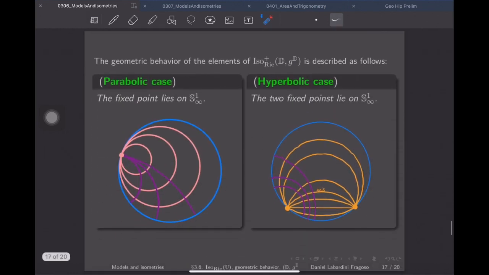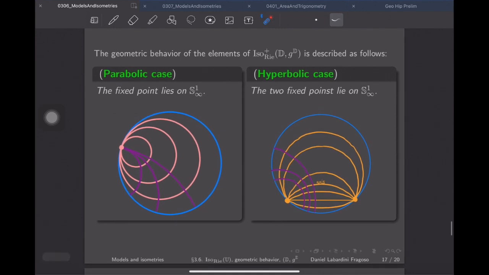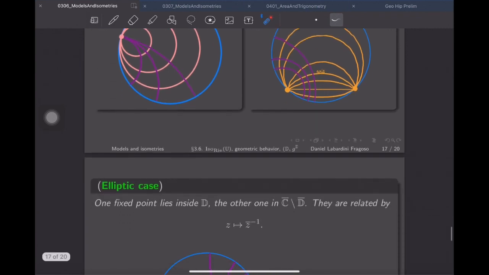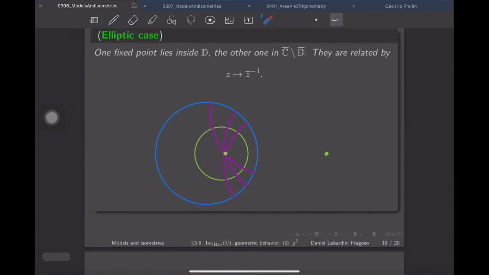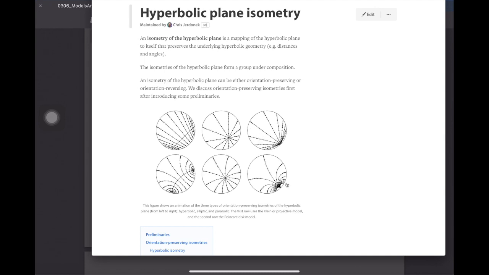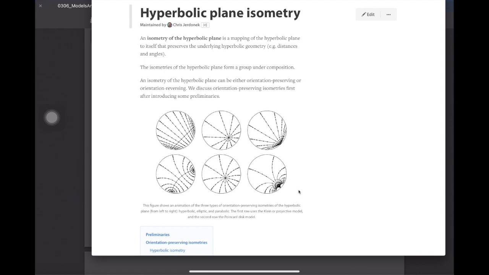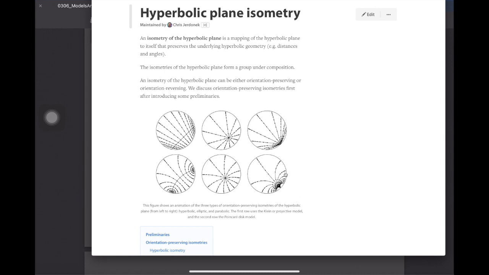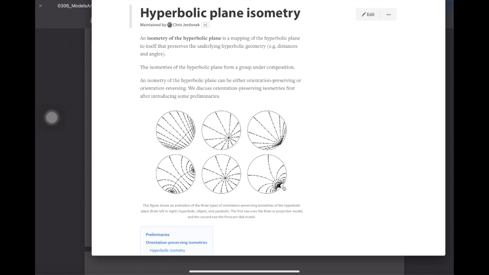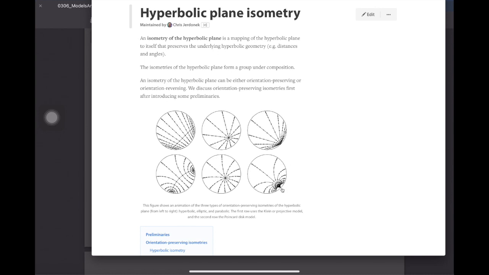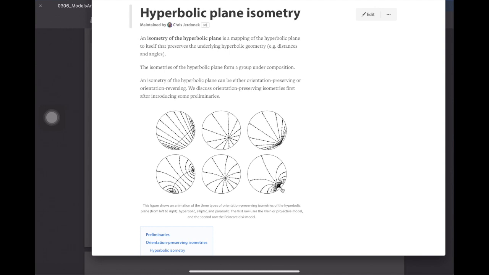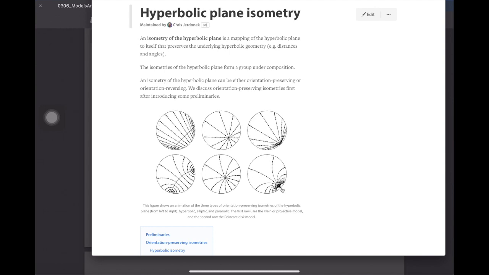Okay, and finally, the geometric behavior of the orientation preserving Riemannian isometries of the disk, and this is where I think it's just better to see the animations that I was showing here. So here you can see the parabolic case, as I was saying. The fixed point has to lie on the complex unit circle.